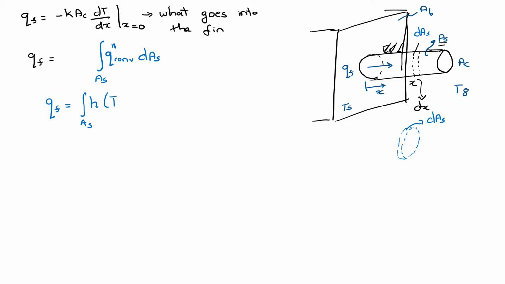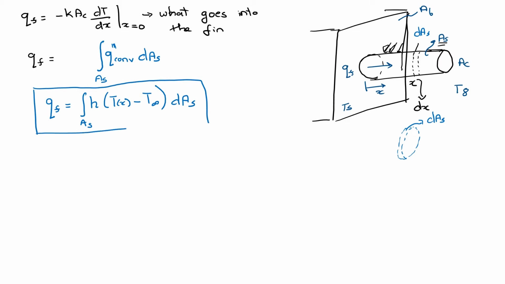The surface temperature is, say, T(x), so it's variable, minus T infinity, that's the surrounding temperature, times the area dAS. Okay, so this is a general formula if you have a cylindrical fin.